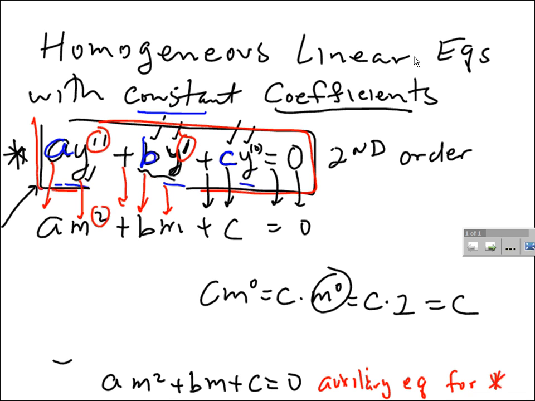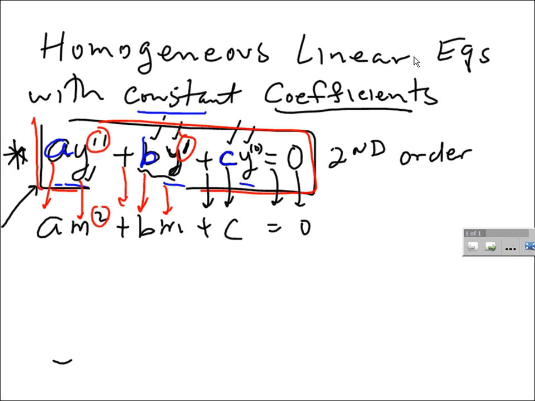So you can read off the auxiliary equation fairly easily. And this is true even if it isn't second order. If it's fifth order, it's not going to make any difference.